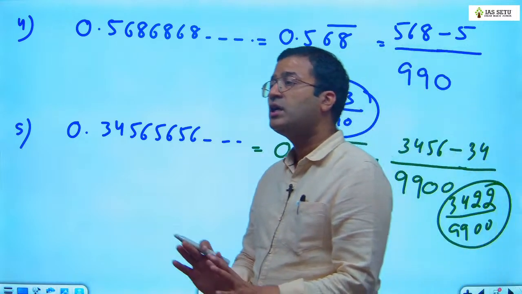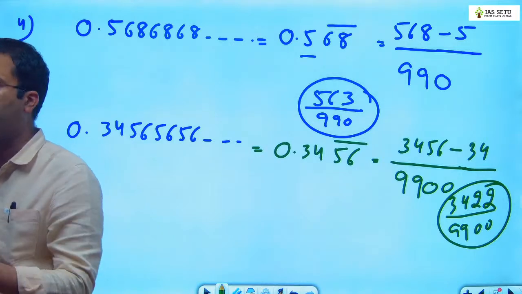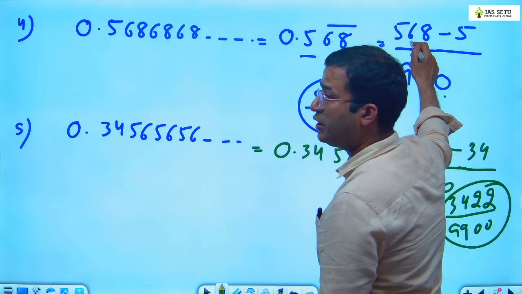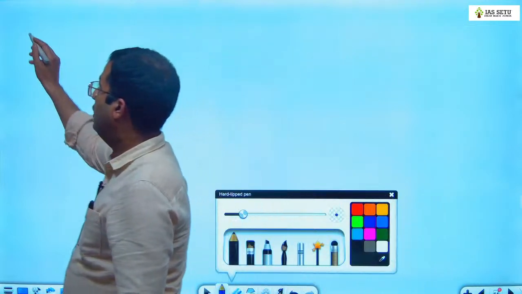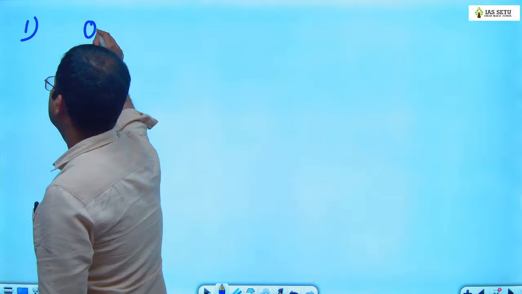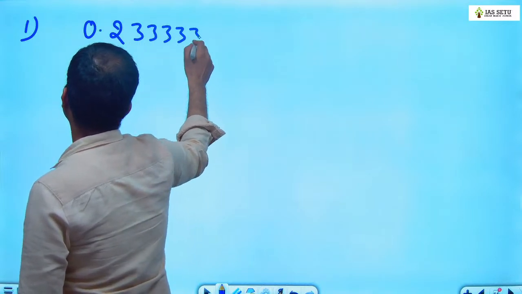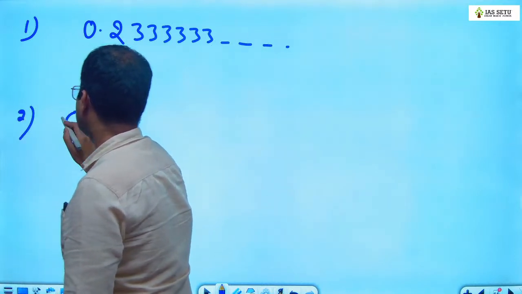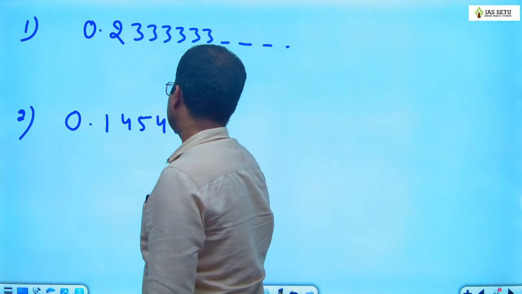Try. If you make a mistake, I will help you. I will ask you 3 examples. Try one by one. Okay. Denominator: 2 things, 9 and 0. Numerator: total number minus non-recurring. Second question is, and keep your answer with yourself, 0.1454545.